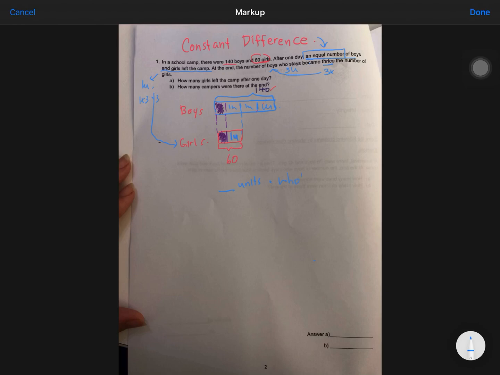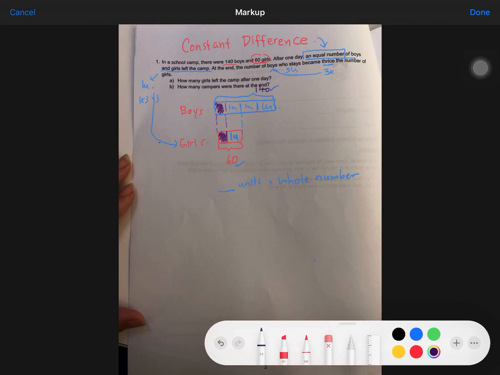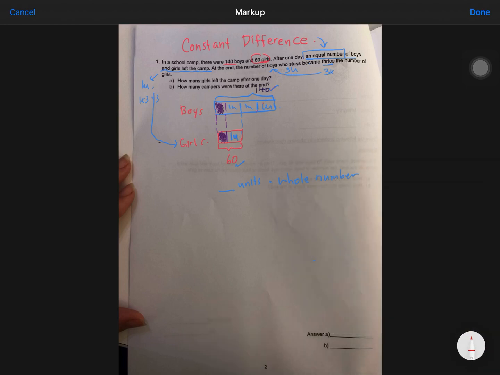So now the magic equation is how many units equals the whole number here. Now you have 2 whole numbers here, 140 and 60. Can you see the difference? Let's look at the difference. This 2 units is equal to 140 minus 60.